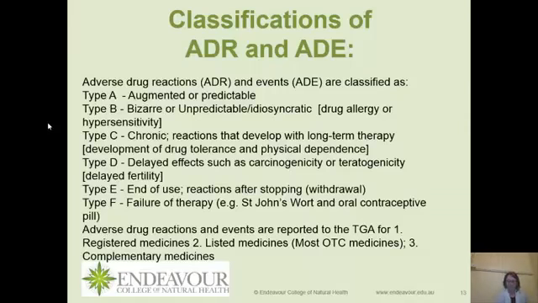Now, some of these long-term effects might actually be quite delayed, so these type D events or type D effects might happen not necessarily to that generation that took the drug, it might be to their offspring. If it was the person themselves, it might be a delayed effect such as carcinogenicity.